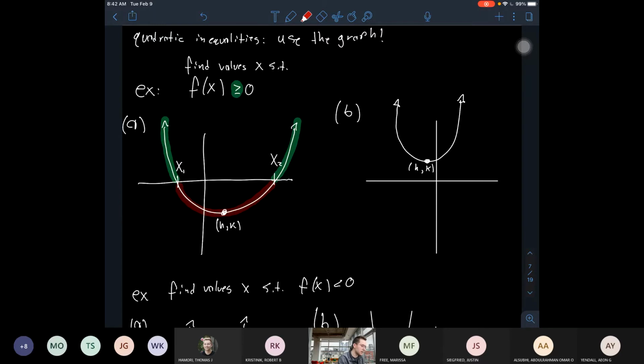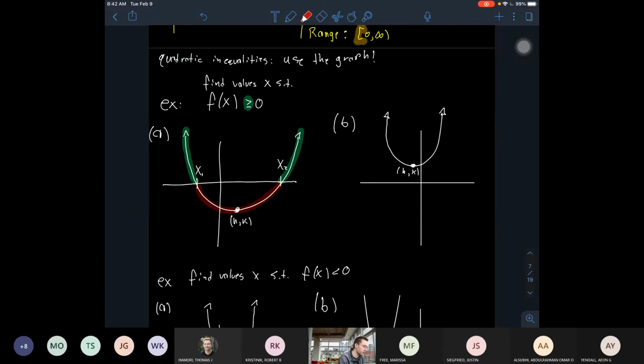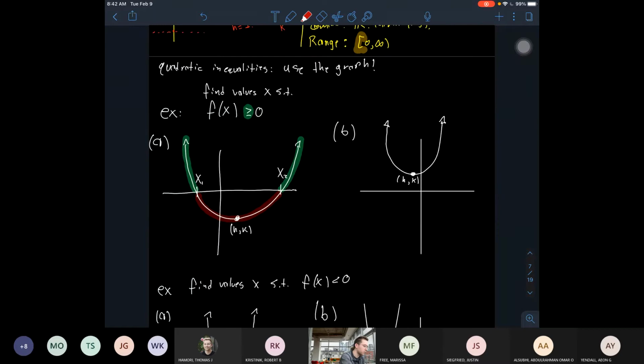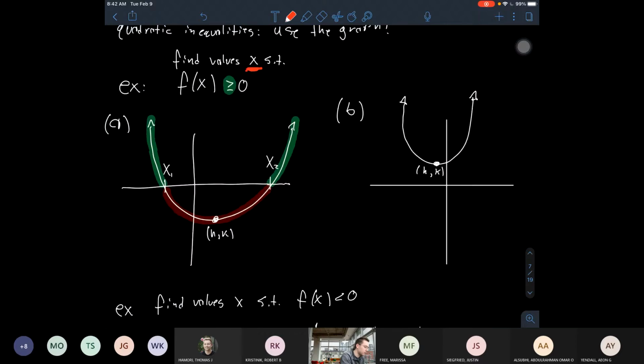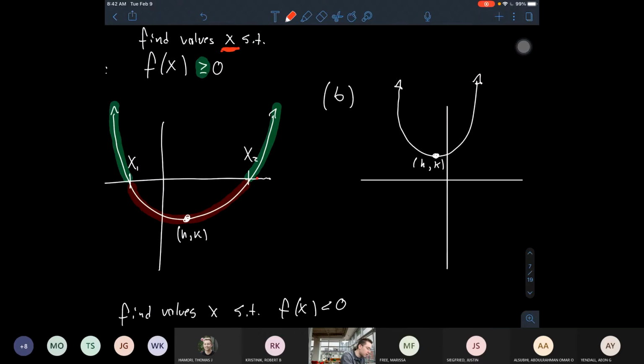Okay, so this green region is the region that I'm interested in. And what I'm supposed to do is find the x values that cause me to be in the green region. Remember, our x values lie along the x-axis.